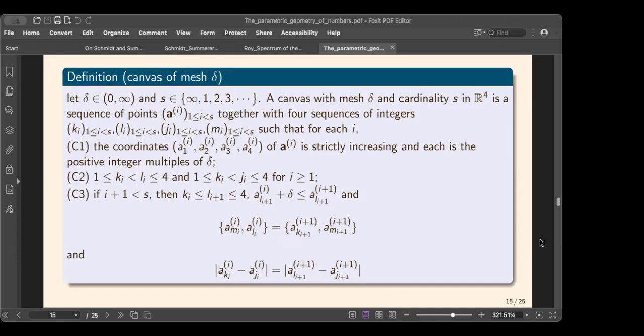K and J are the initial indices. M and L, or on the contrary, M and L here are initial. Yes, M and L are initial. K and J are increasing.